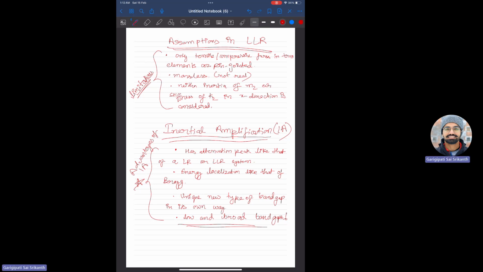For the next class, we have two options. One is we could talk about homogenization. Since we already touched upon effective mass and effective stiffness, we could talk about homogenization because we didn't go too much into depth.